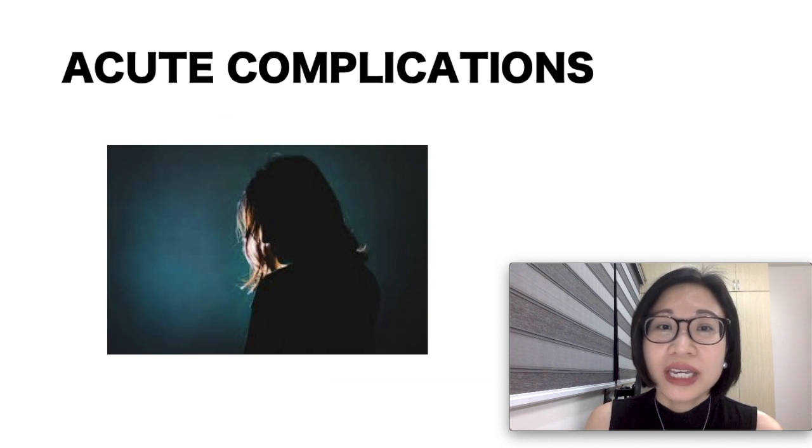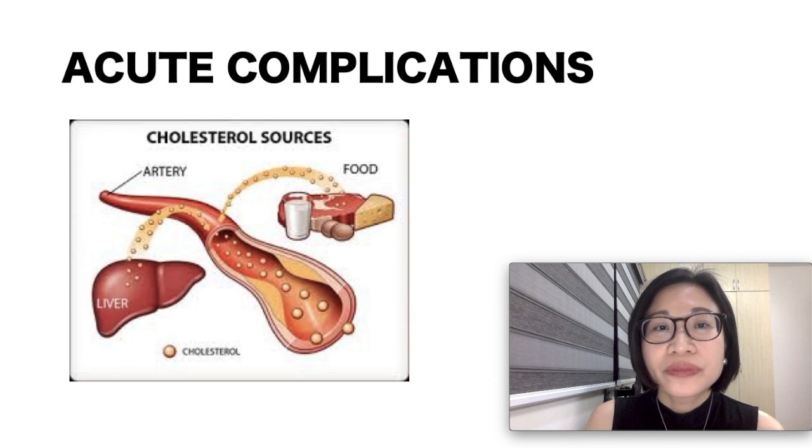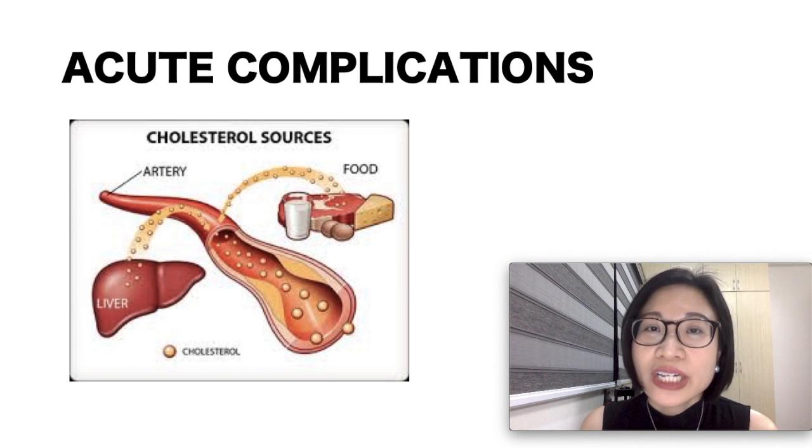Another acute complication might be depression or cardiovascular and endocrine disorders such as hyperinsulinemia or increased insulin resistance. And these are increased risk for type 2 diabetes. Another thing would be hypertension or hypercholesterolemia.